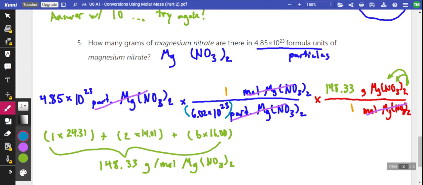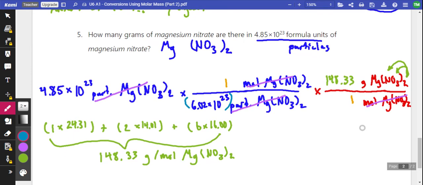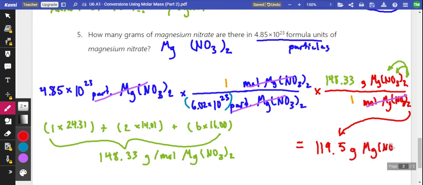What I get, equals, I get 119.5-ish grams of MgNO3 2. And that is my answer.